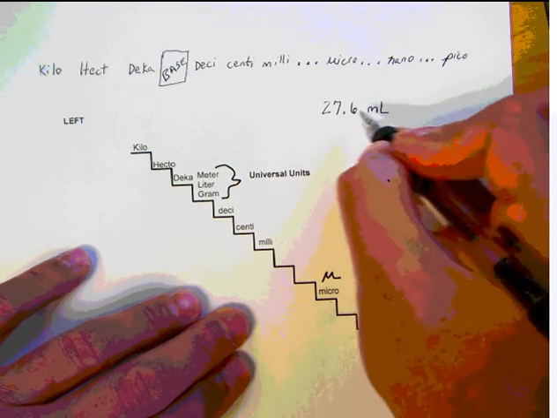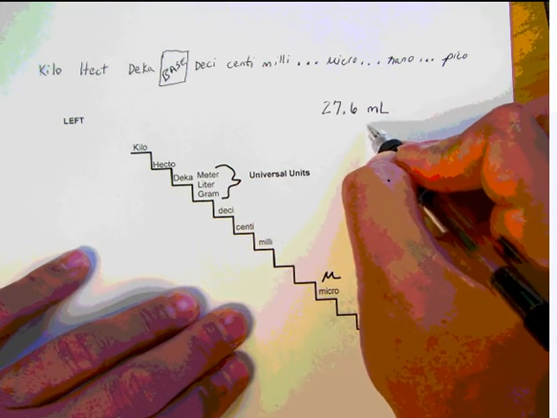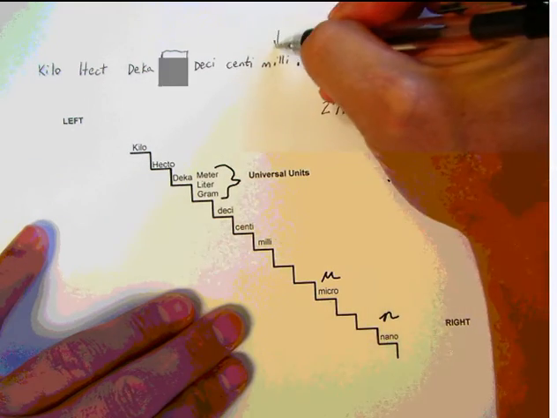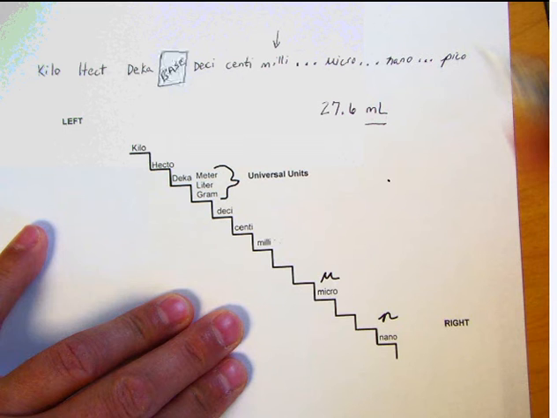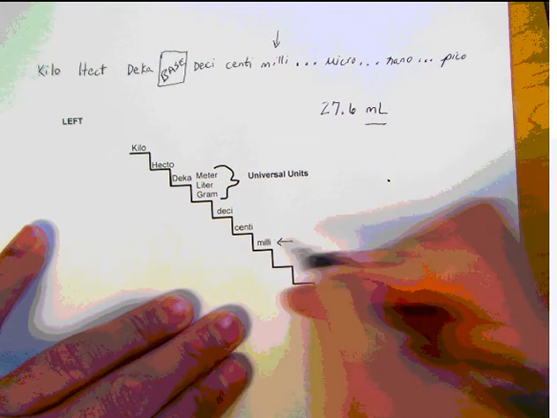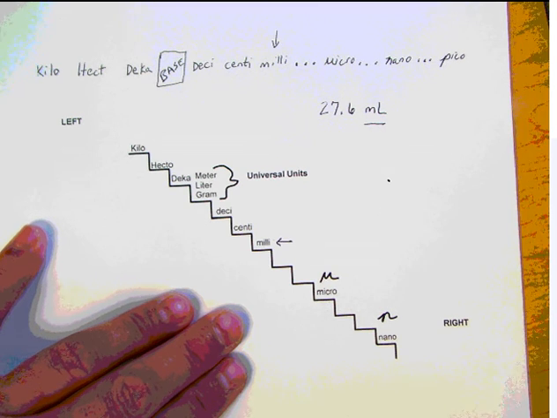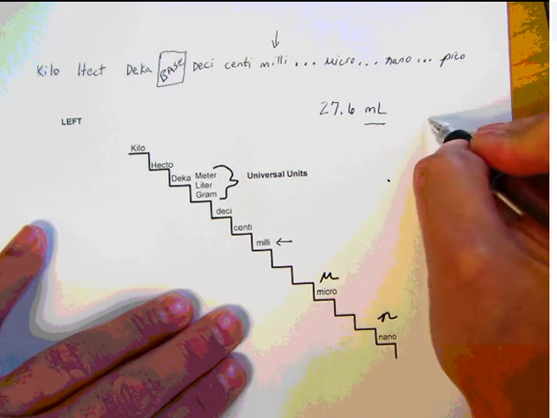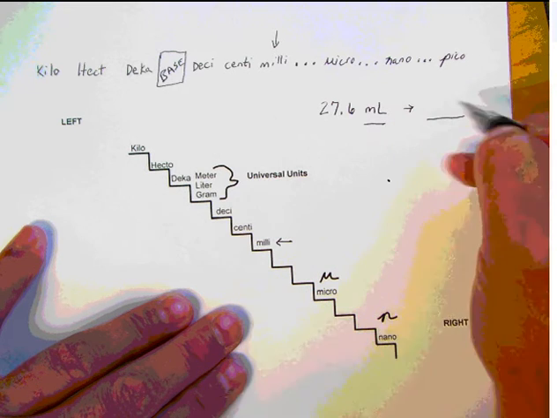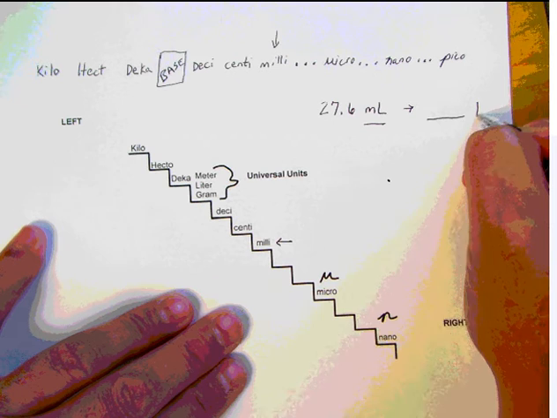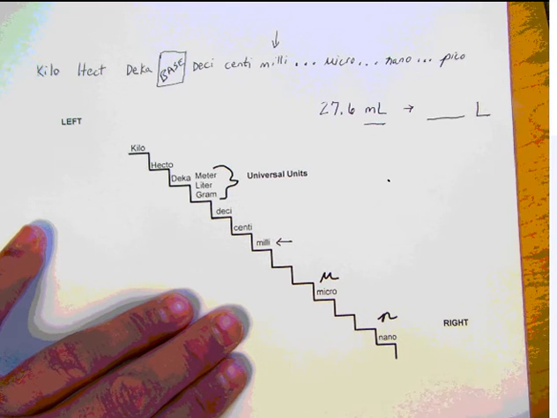If that's my original, then I'm going to start at that unit. So here's the milli unit, or I could start here on the ladder or steps. You start at the original, and if they ask you to convert it to units of, let's do liters, we just want liters.